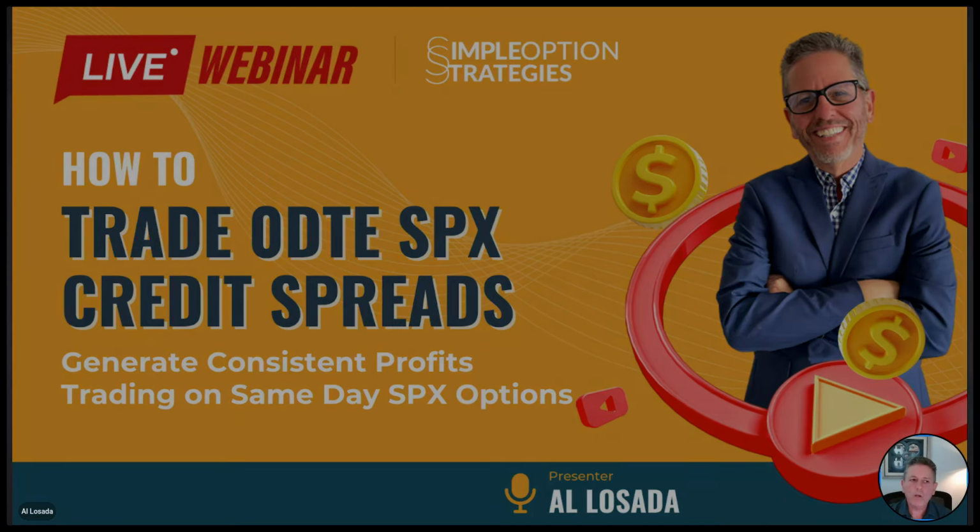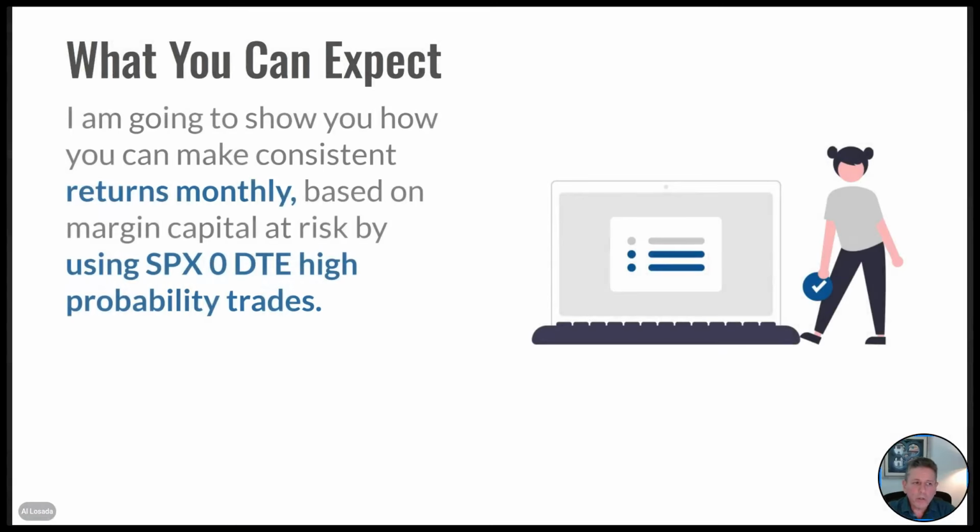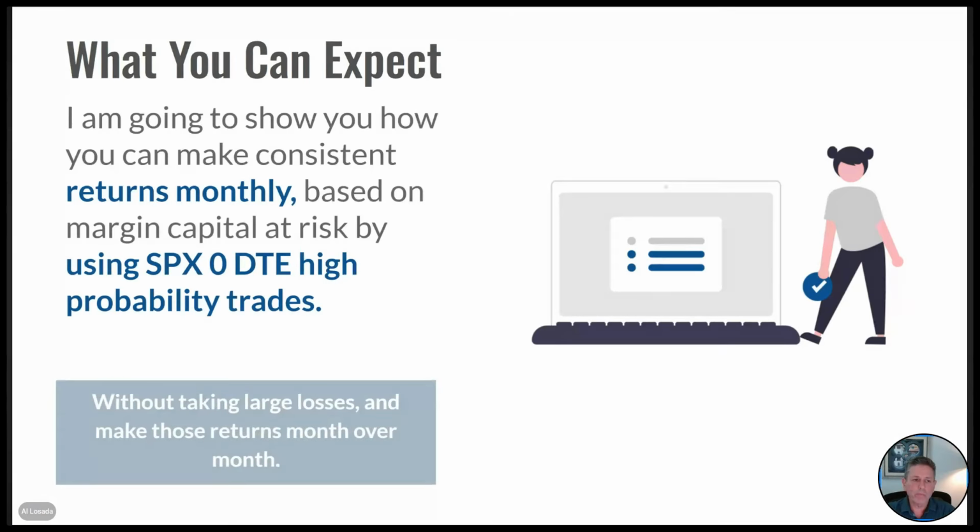Okay, so what can you expect? I'm going to show you how to make consistent returns monthly based on margin capital at risk using 0DTE high probability trades. This is going to be recorded, and I'm going to be sharing it out to you guys as well, so you can re-see it and do what you want with it.